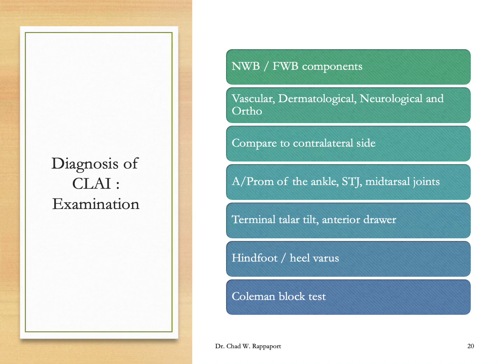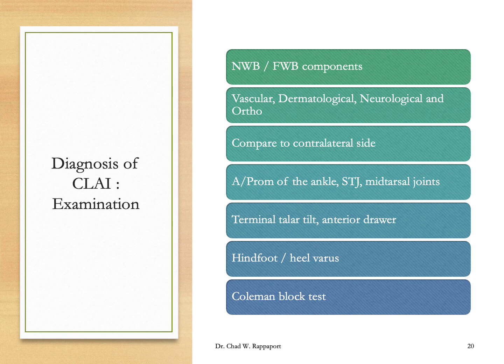When examining these patients, it's best to perform both a seated and a standing examination, with underlying vascular, dermatological, and neurological components, as well as an orthopedic exam that's compared to the contralateral side, noting active and passive range of motion of the ankle, the subtalar joint, and the metatarsal joints.